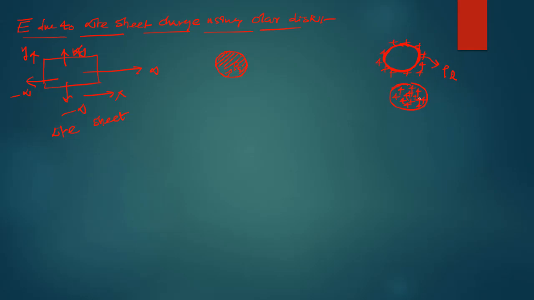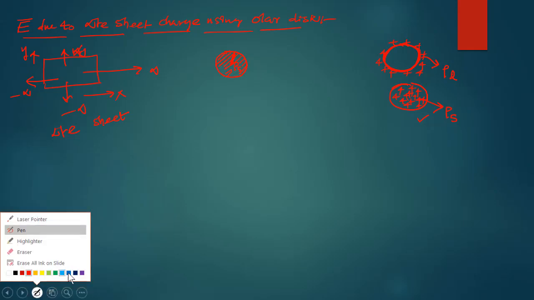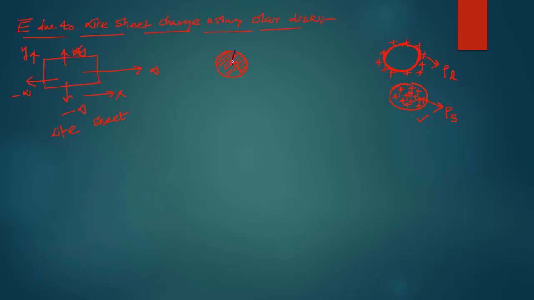So like this, this particular sheet is available, and it is having the surface charge density rho s, or sheet charge density rho s. For this particular sheet, if the radius is r, and if you are able to make this r tend to infinity, then this circular disc will become an infinite sheet.